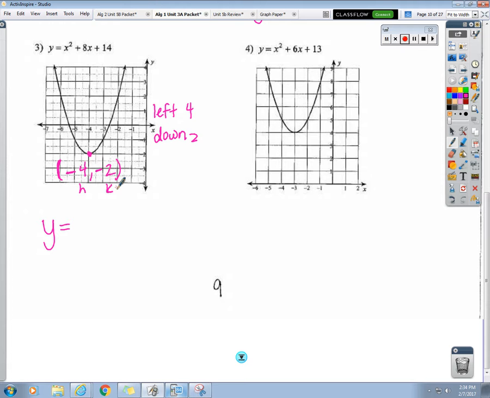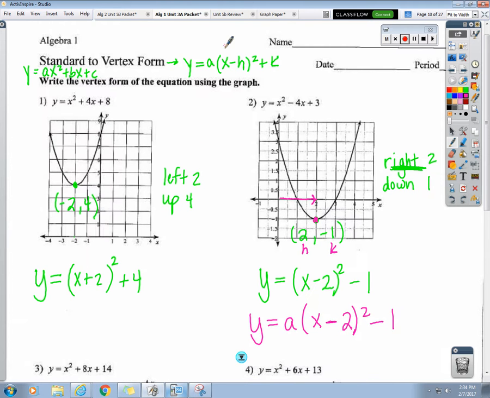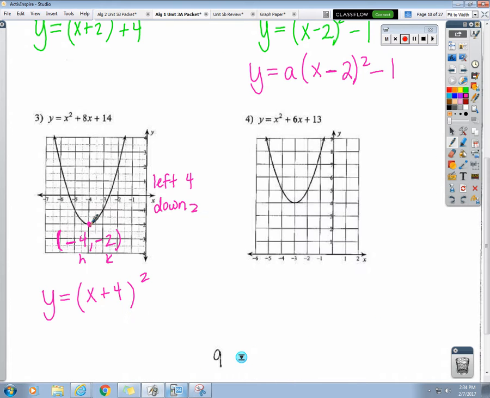But instead of trying to memorize that equation, y equals a times x minus h squared plus k, it's really easier for y'all to just remember horizontal shifts go inside, vertical shifts go outside. So how do I represent a horizontal shift of left 4? X plus 4. So do you see why it became plus? Because if the equation is minus, and we did minus a negative 4, that's why it became plus 4. And then how do you represent down 2? Minus 2.